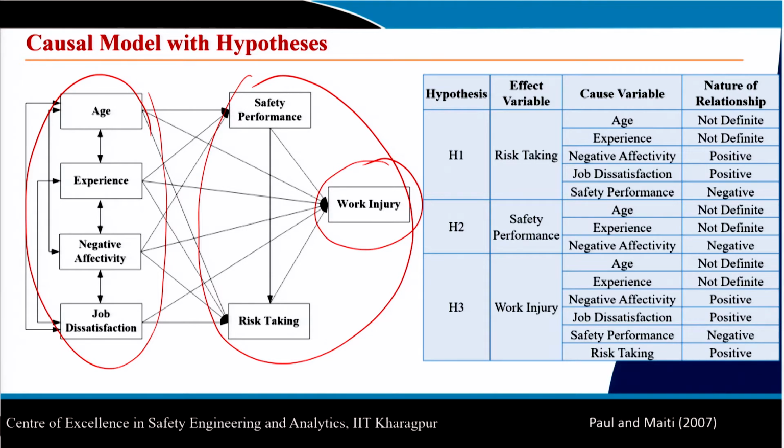In addition, in the previous class I showed you this kind of hypothesis, and the nature of relationship as well as the quantity of relationship we tried to model using this concept.